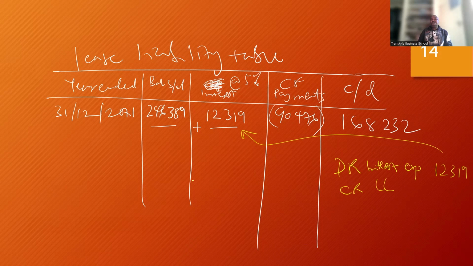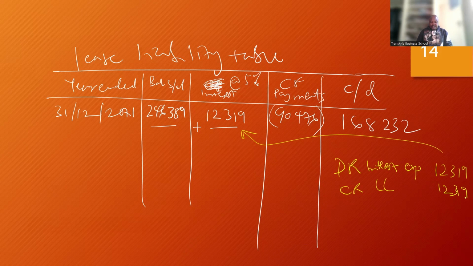The lease liability is increased by the interest. In a way, we are unwinding the discount, isn't it? So we are increasing with the same amount, 12,319. That's the accounting for the interest expense.